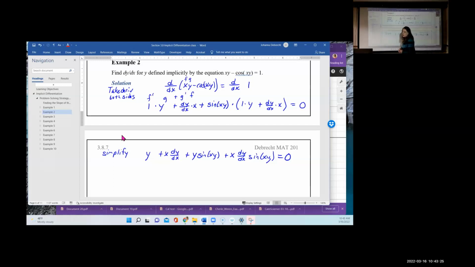The next thing that I want to do is isolate the dy/dx terms. Anything with dy/dx in it is going to stay on the left, and anything without it is going to move to the right.